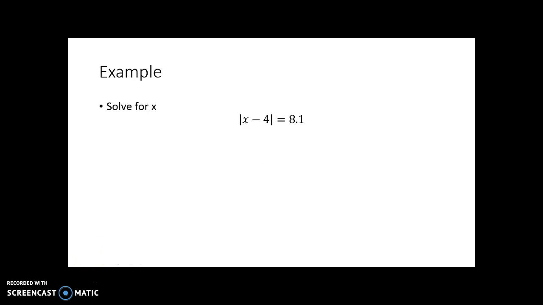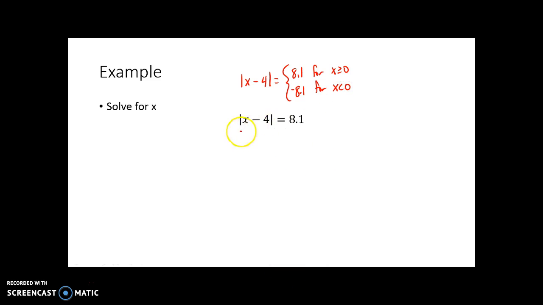Okay, but I do think about that idea because if I want to solve something with absolute values like this particular example, absolute value of x minus 4 equals 8.1, I think about the fact that if I get rid of the absolute values, the absolute value of x minus 4 can actually equal 8.1 for x greater than or equal to 0 and negative 8.1 for x less than 0, if I follow that definition I just wrote down.